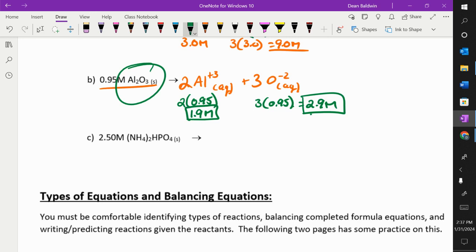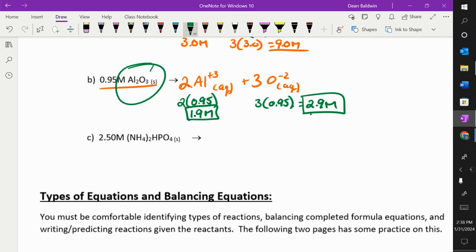Pretend this is Al2O3. This is not Al2O3, but we'll pretend that it's Al2O3. I have one molecule of this. I dump it in water, and it breaks up into its ions. I got 3 oxygens, right? And 2 aluminums.